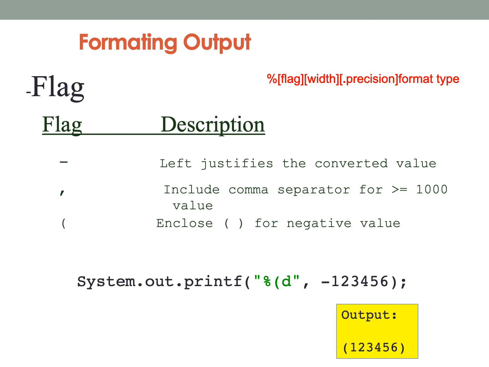We also have the brackets to enclose a negative value. For example, if we have System.out.printf, percentage open bracket d, comma, minus 123456, it will display the value of 123456 without the negative sign, in brackets.